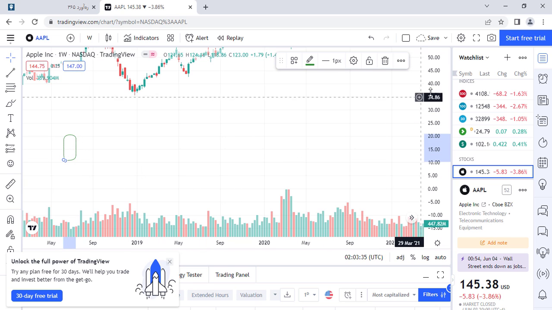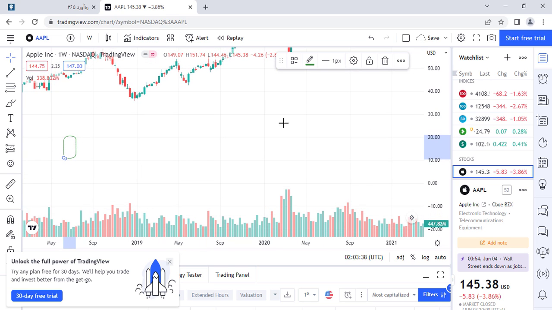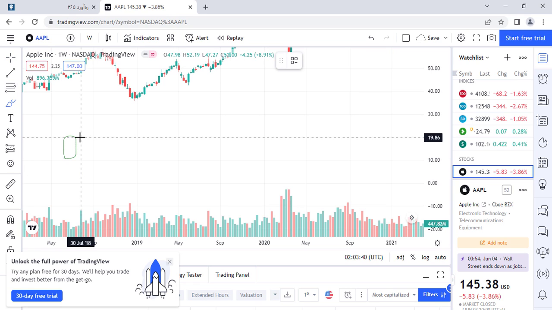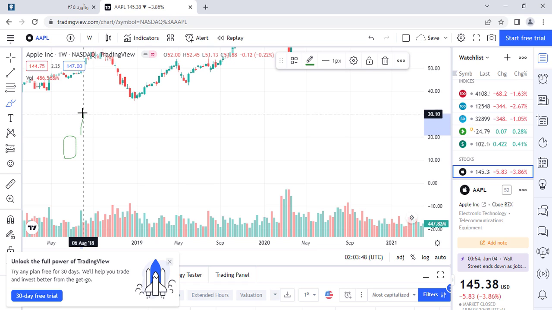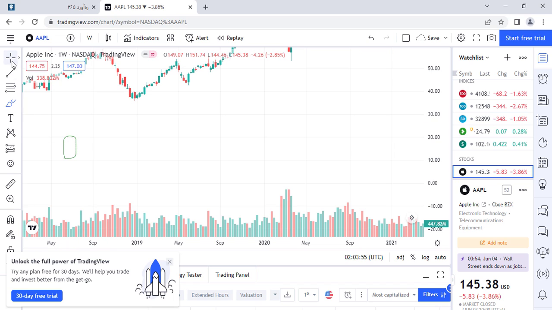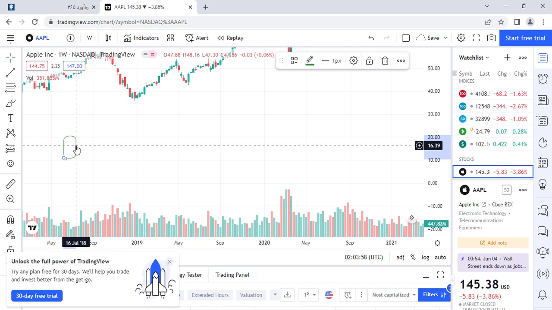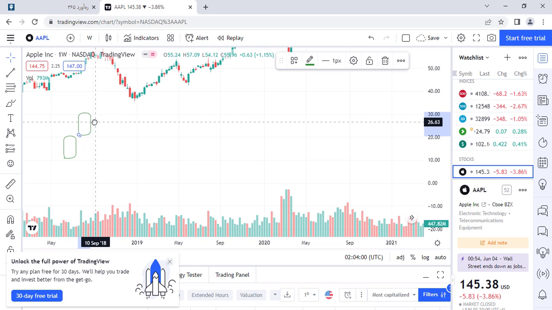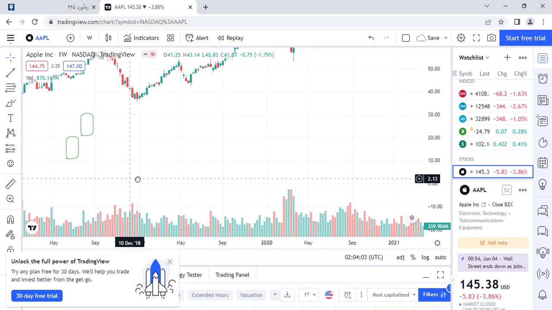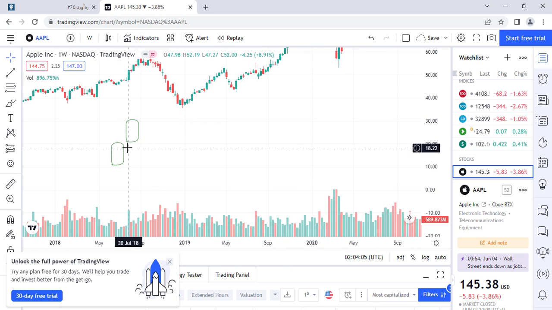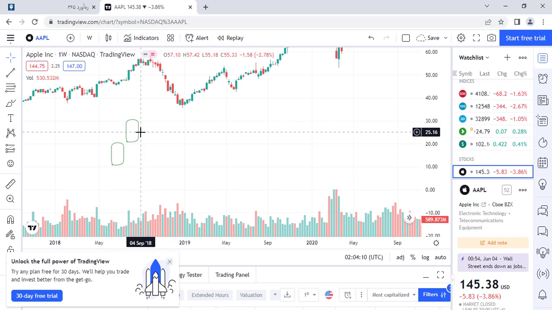After that, in the next day, the price starts from $20 and goes to $30.